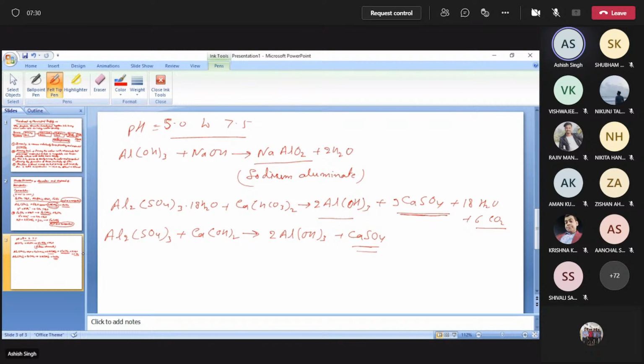There is another process. We use both ferric sulfate and ferrous sulfate, both mixed in the following reactions, so effectively they act as a flock. It can be used in a separate form or in a combined form.